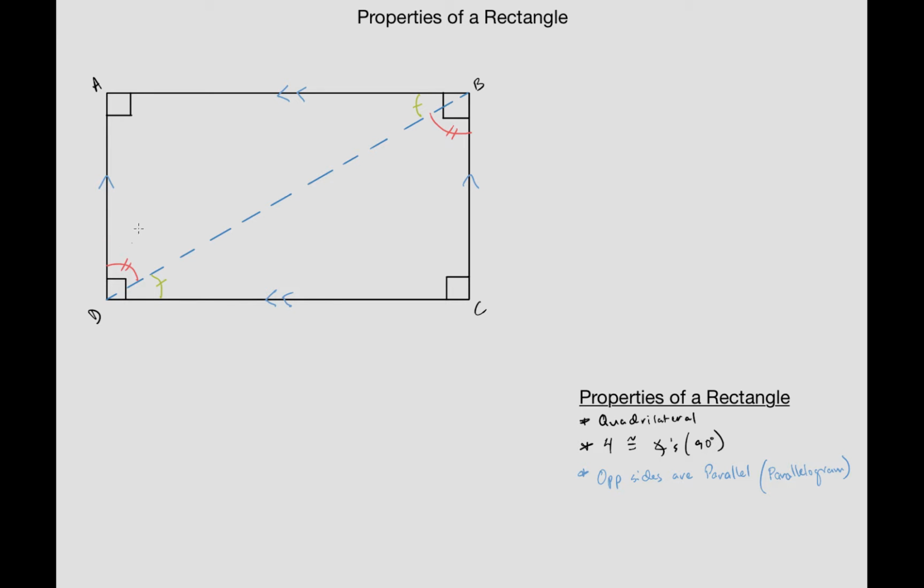Now that we have that, we can make the statement that these two triangles are congruent to each other because of angle, side, angle. I'm not going to mark it, but obviously this diagonal is congruent to itself and it's in both triangles. So we have angle, side, angle congruence.